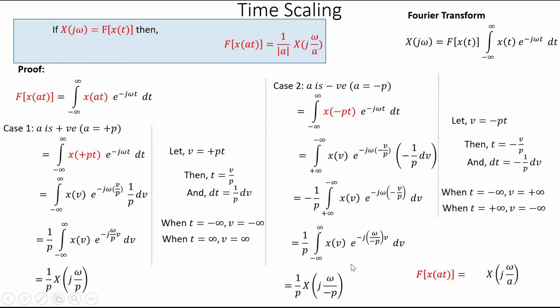So this part is actually x of j omega by a. But here, when a is plus p, this is plus p, and when a is minus p, it is plus p itself. That means when a is positive or negative, it is positive itself, so it is actually the absolute value of a, modulus of a. So 1 by modulus a into x of j omega by a, hence the proof.